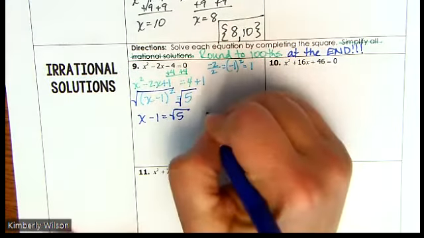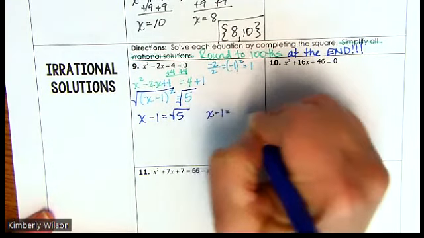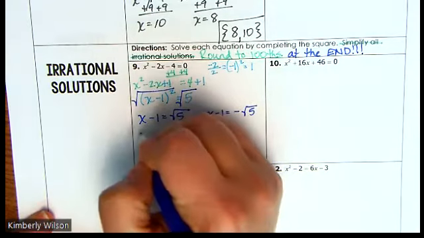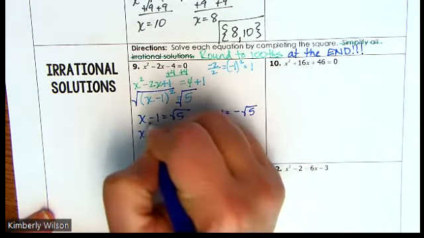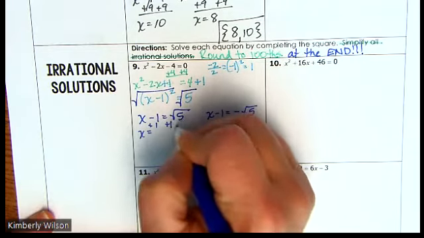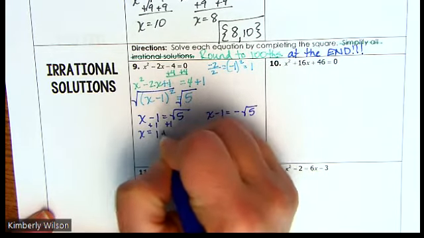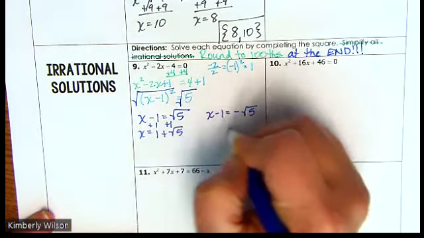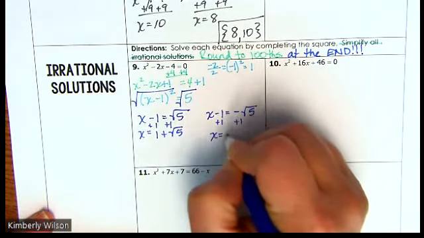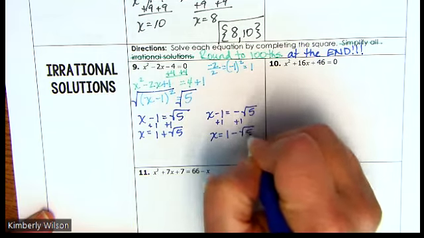Then I have x minus 1 equals negative square root of 5. So I have x equals, because I'm going to add 1 to both sides, I can't add what's inside here. They're two different terms. So I have 1 plus the square root of 5, and x equals 1 minus the square root of 5.